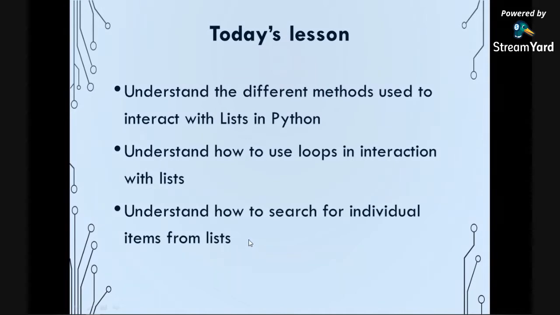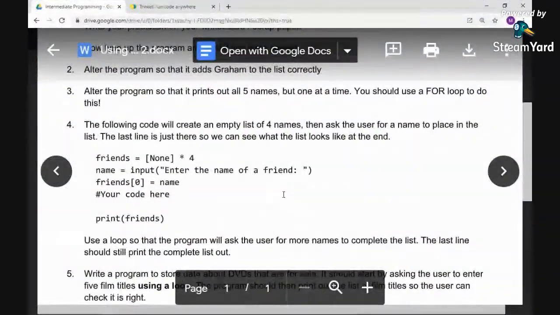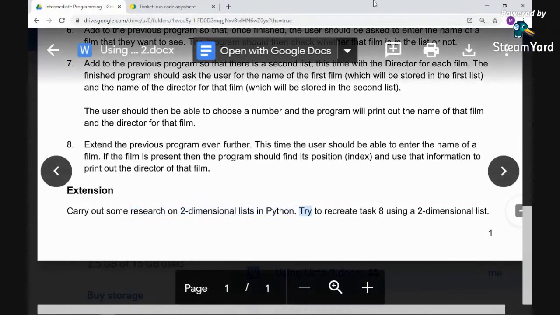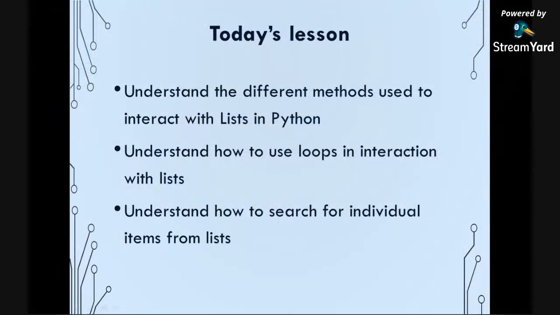Again, if you have any questions about how to do anything in particular, then please let me know. It will be interesting to see how many of you want to do the extension task, because that is something we're going to be looking at in the future, two-dimensional lists. So if you feel like you want to get something extra done, that would be something I would recommend for you to do.